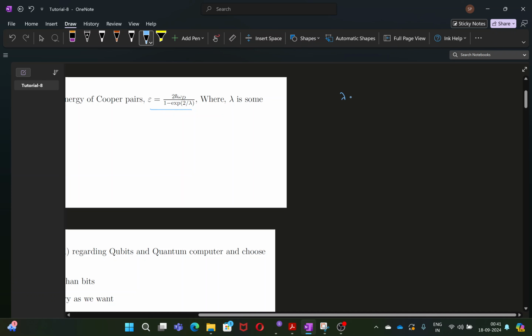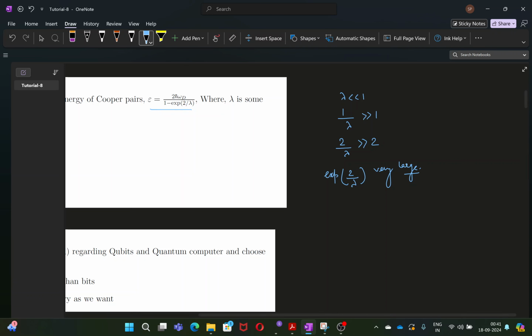If lambda is much smaller than 1, then 1 by lambda will be much greater than 1, so 2 by lambda will be much greater than 2, and exponential of 2 by lambda will also be very large, because if you give the exponential a very large term inside, it will be a very huge quantity and will be the dominating factor in the whole term. Okay.